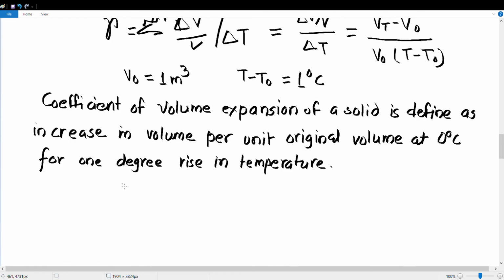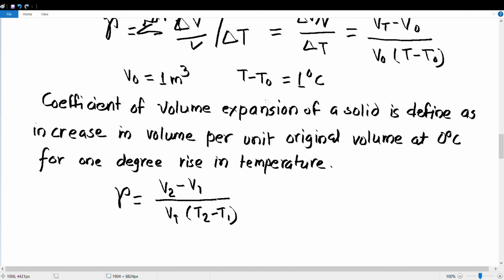Instead of knowing the volumes of a body at 0 degree Celsius, if one knows the volume at T1 degree Celsius and the volume at T2 degree Celsius, V1 and V2, then V2 is the final volume and V1 is the initial volume. Then the equation is rearranged as gamma is equal to V2 minus V1 divided by V1.